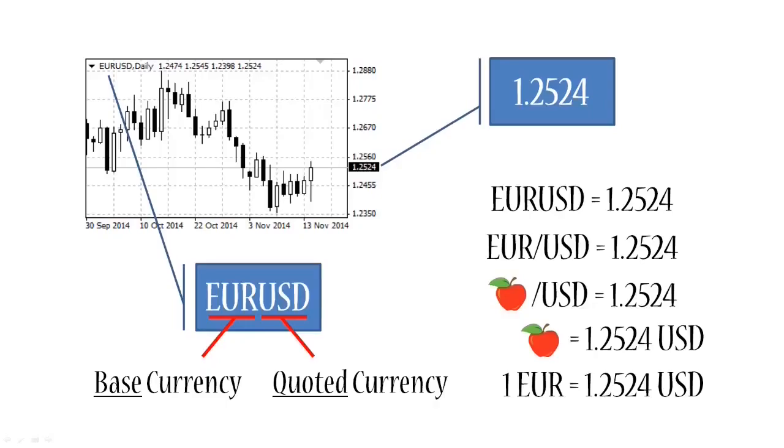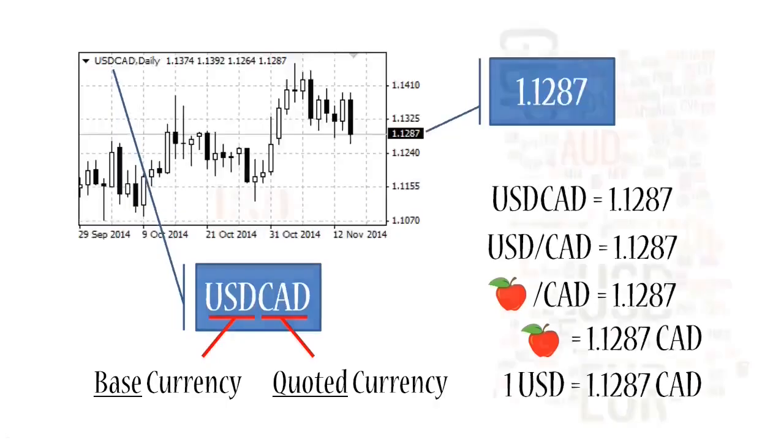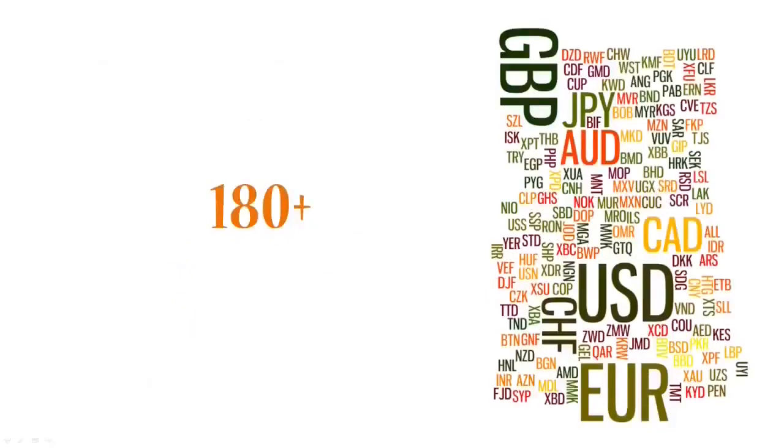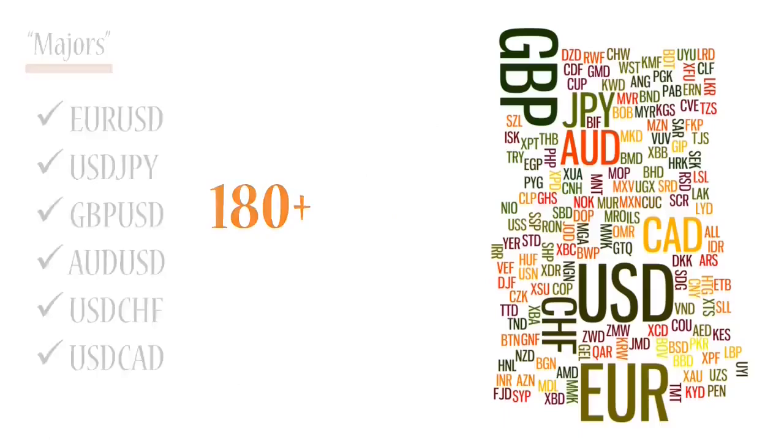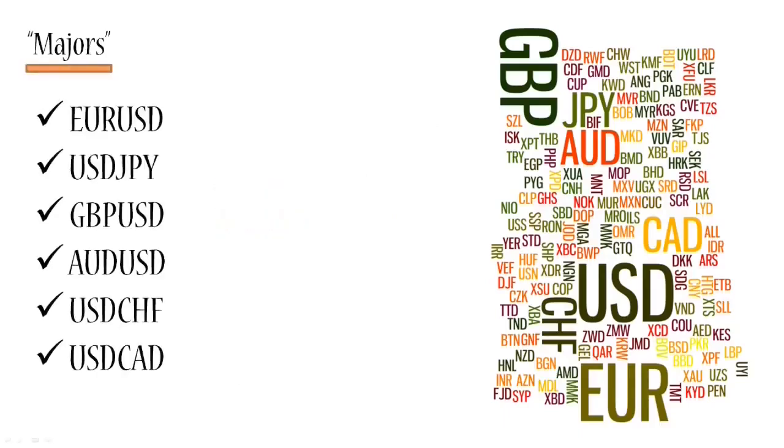And this principle applies to any currency pair. There are over 180 currencies in the world, and you can combine any two of them to give you a currency pair. Most traders identify two main groups of currency pairs, and these are the majors: the euro US dollar, the dollar yen, the British pound dollar, the Australian dollar American dollar, the dollar Swiss franc, and the dollar Canadian dollar.